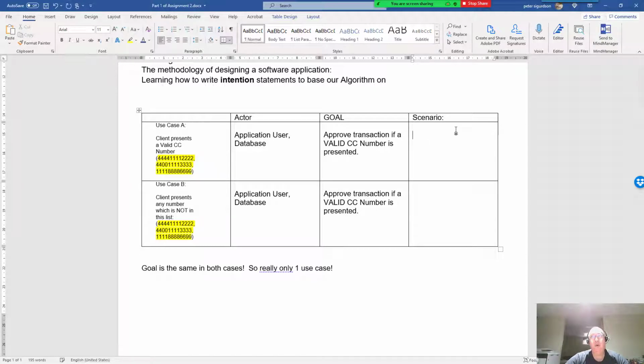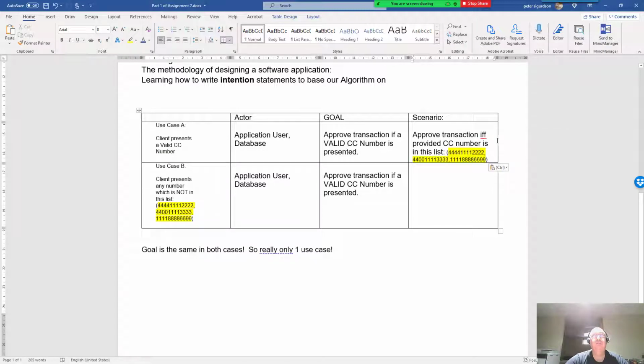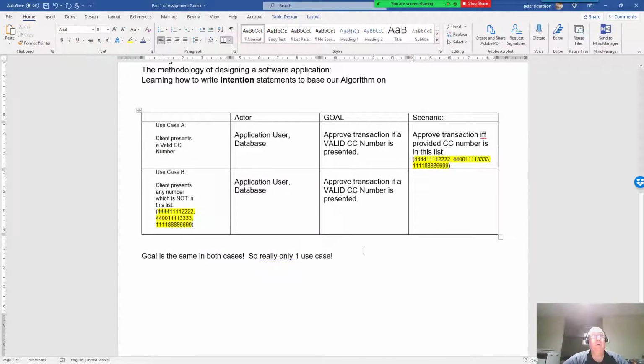So the scenario is approve transaction if and only if, right? IFF is a term from math. Approve transaction if and only if the provided credit card number is in this list. So that means we do not have a use case B. We just have one use case.